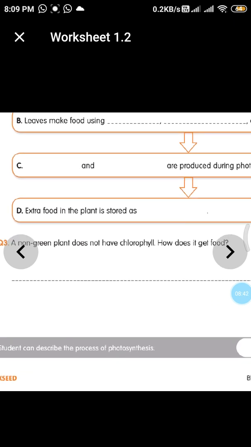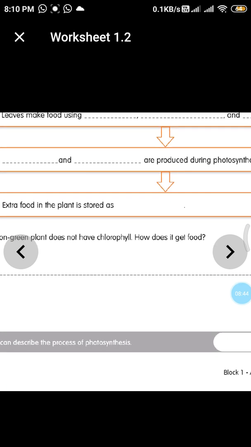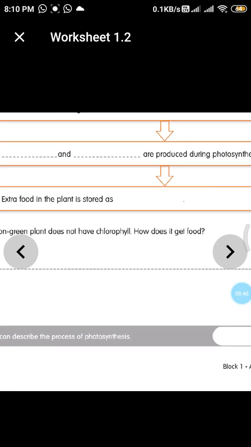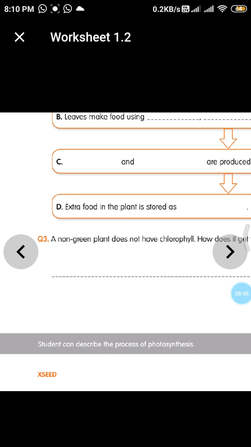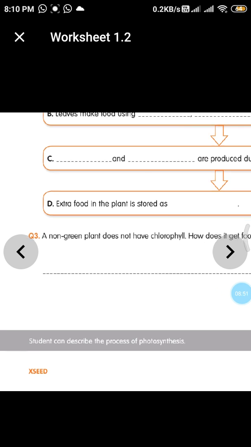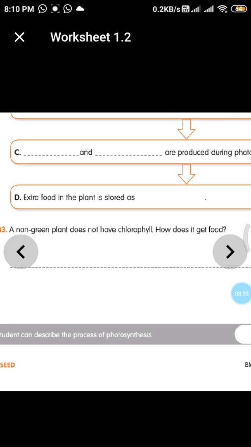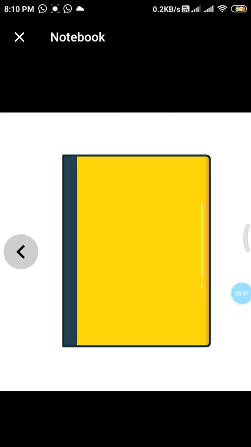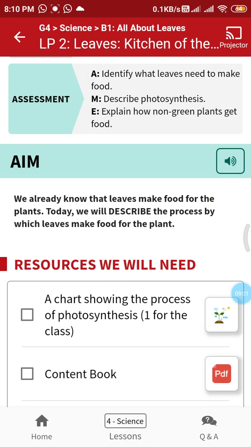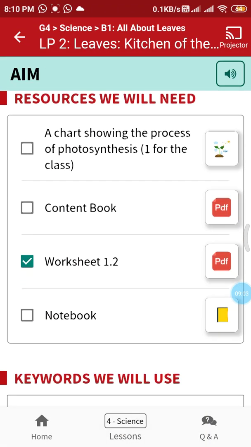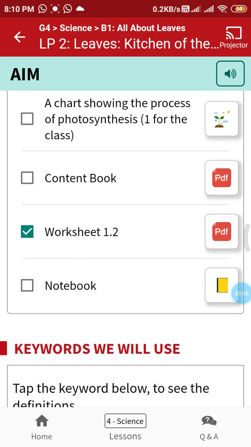Now if you see, a non-green plant does not have chlorophyll. How does it get food? Non-green plants like croton plants also have the chlorophyll, but the chlorophyll is in hidden form. It is present under their colorful part.